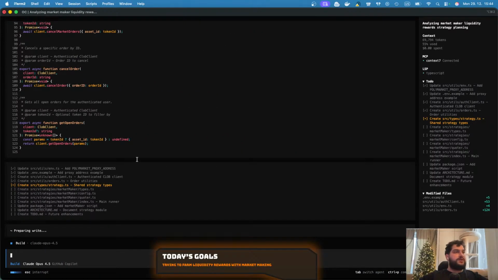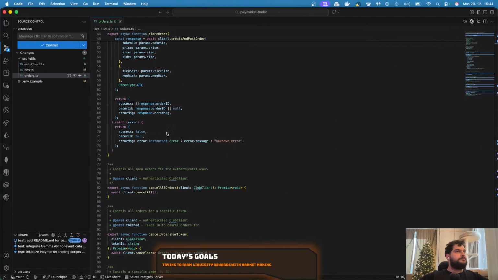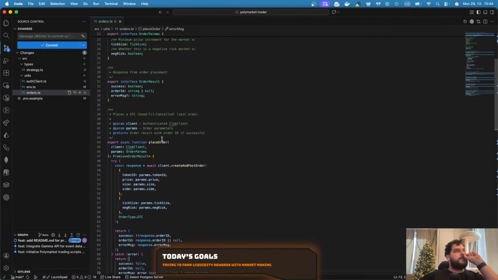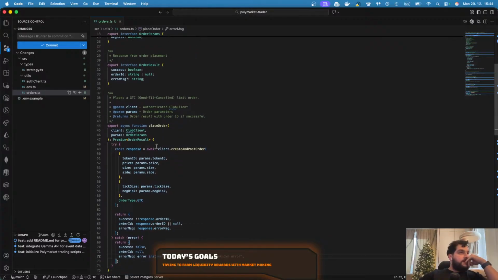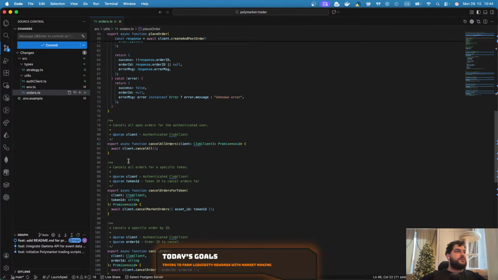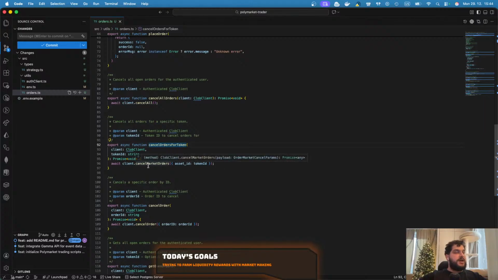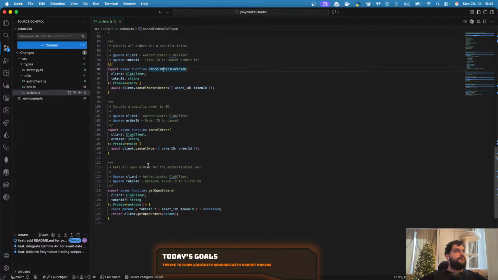Now, how it works in strategy. What we have here is place order, which takes the order params: token ID, price, size, side. Then we can cancel everything. It can cancel from a particular asset or market, and get all the open orders for a market as well.